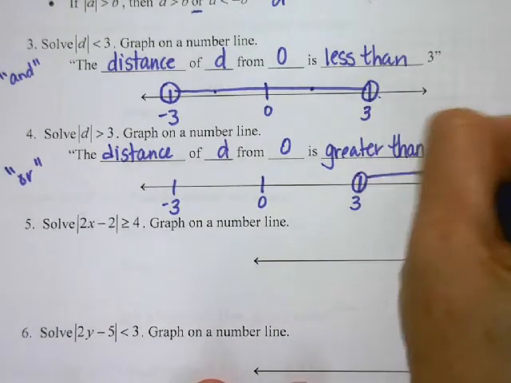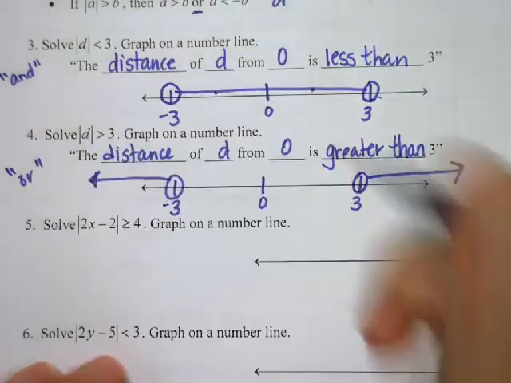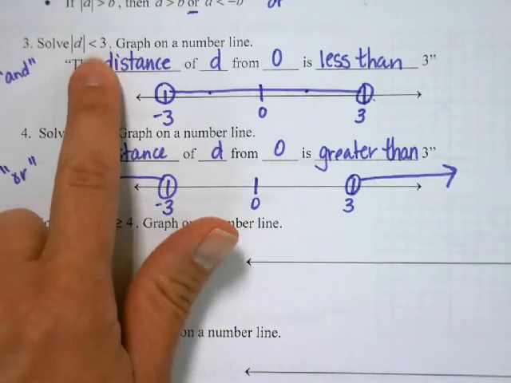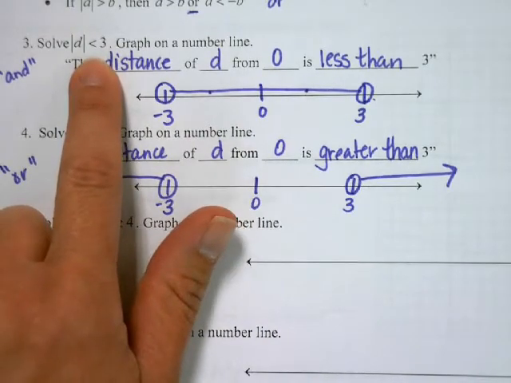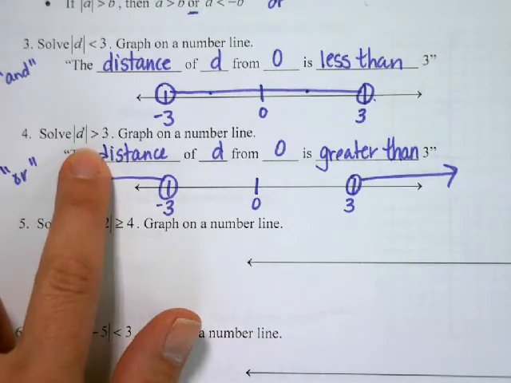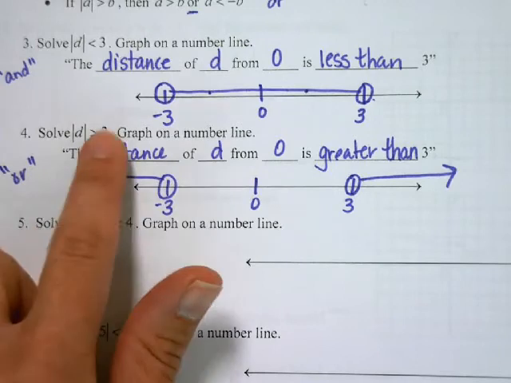So, he looks like that. So we got an or. Anytime your absolute value is less than 3, you'll get an and. Anytime your absolute value is greater than 3, you'll get an or. Or not, I shouldn't say 3, but just greater than, okay?